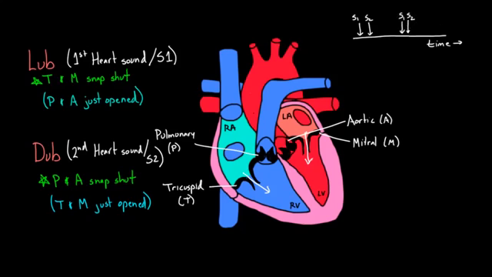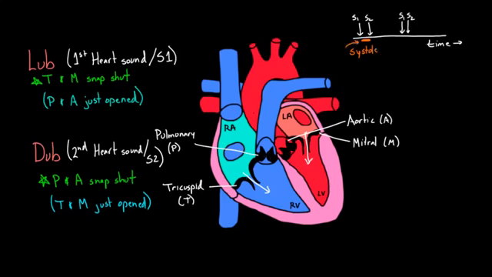And what's happening between the two, this time lag here, is that blood is actually squeezing out because the pulmonary and aortic valves just opened, squeezing out and going out to the whole body. So this is when blood is going to the body, and sometimes we call that systole.